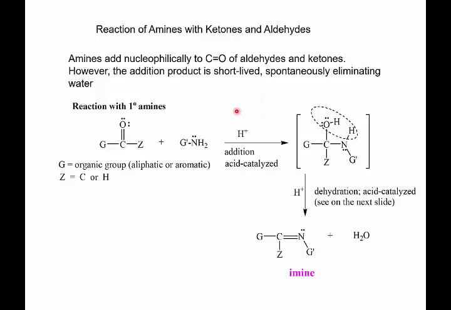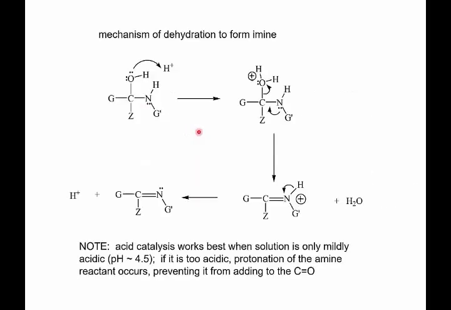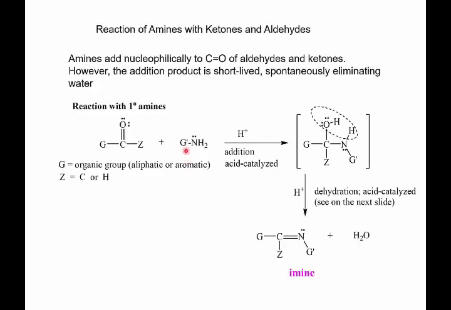Now, we have to make a distinction between primary amines and secondary amines. The chemistry is going to be different. It's been a while since we've talked about amines, way back the first semester, so I want to review the difference between a primary amine and a secondary amine.